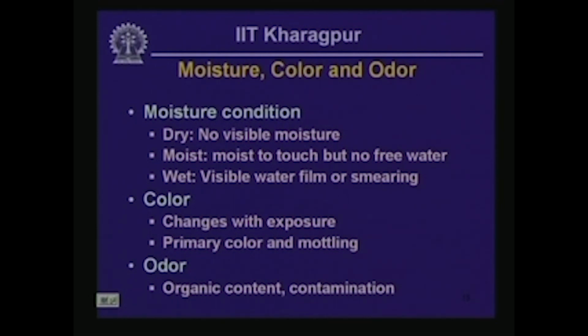Then you also have to describe the color of a particular soil unit, and color has to be described as the sample is dug out of a particular borehole, because color changes with exposure to the ambient condition. Color includes a primary color, and there could be a secondary one.